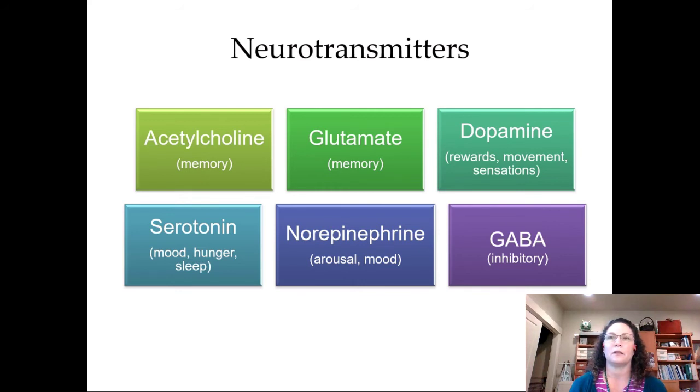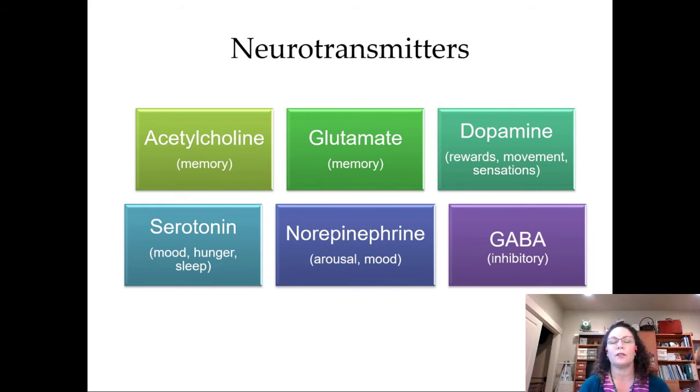There's the reward center of your brain, which is predominantly your hypothalamus. We'll talk about that more in another segment in the same chapter. Your hypothalamus is responsible for making you feel rewarded by different activities, like sex or eating chocolate, using cocaine, things like that. When those are perceived as rewarding and you want to do them again, it's thanks to that rush of dopamine that you get in the reward center.